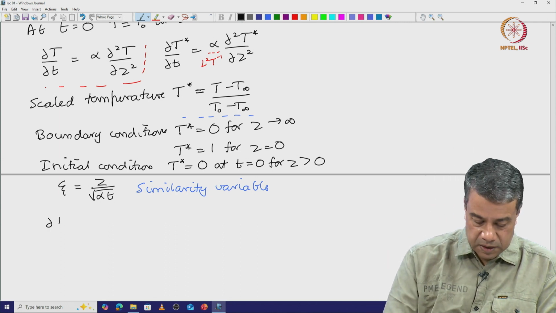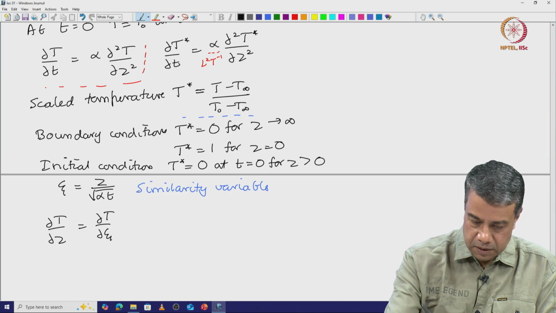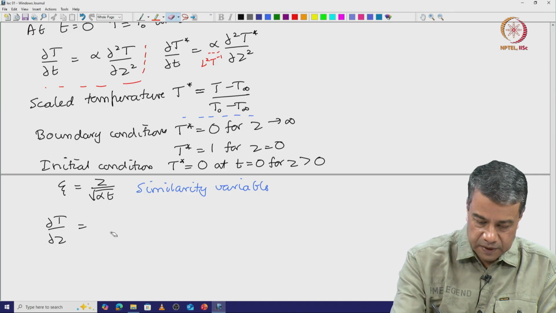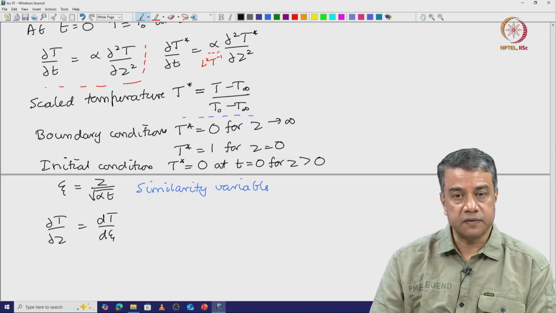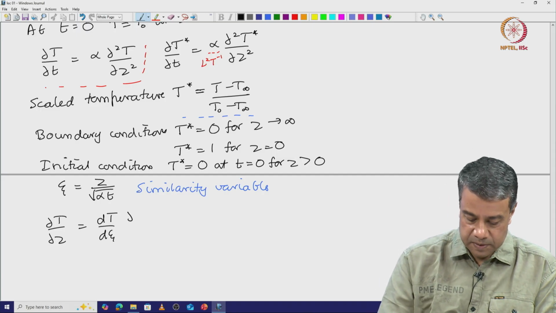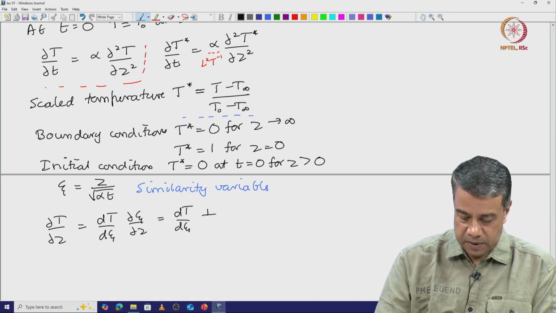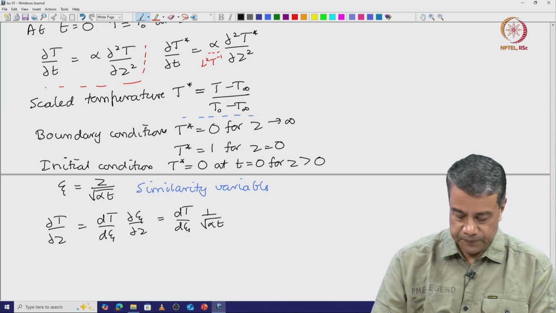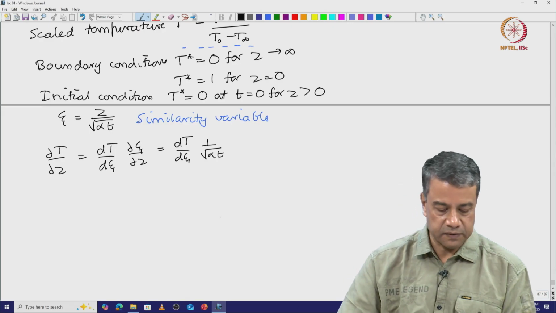Partial T by partial Z is equal to partial T by partial psi times partial psi by partial Z. If I have expressed it in terms of only one variable, then it just becomes the total derivative dT by d psi, if the temperature field depends only upon psi. That is dT by d psi times 1 by root alpha t. That is the first derivative.